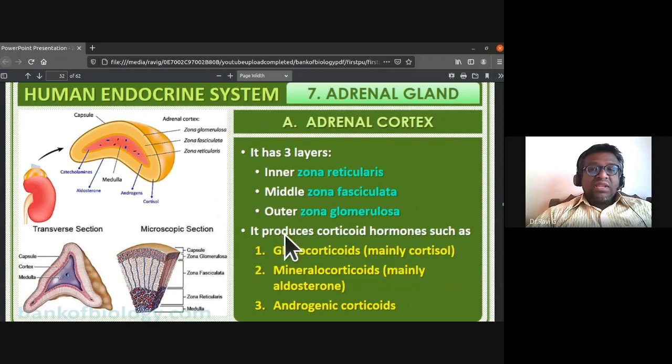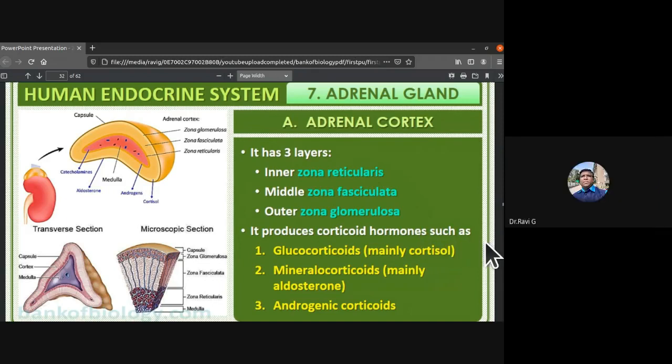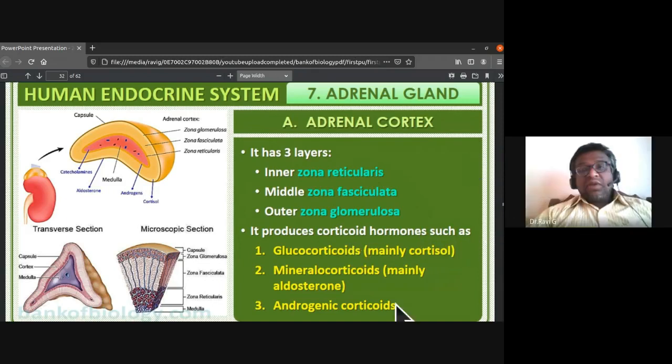The adrenal cortex produces corticoid hormones. The corticoid hormones produced by the adrenal cortex are glucocorticoids, mainly the cortisol hormone; mineralocorticoids, mainly aldosterone; and androgenic corticoids. The antidiuretic hormone and aldosterone both help in reabsorption of water.